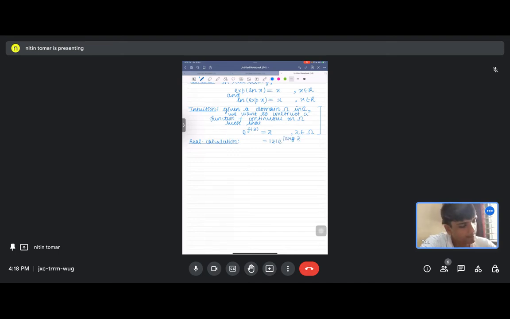And this can be written as e^(ln|z|), because |z| is a real number, times e^(iota arg z). And this you can write as e^(ln|z| + iota arg z), correct?